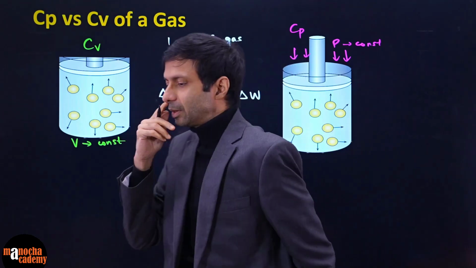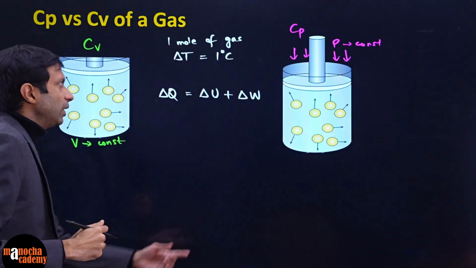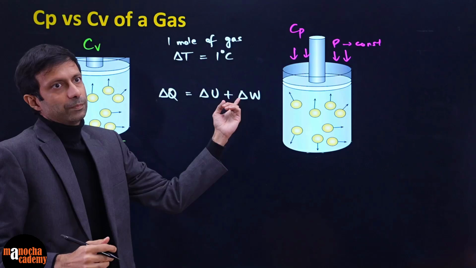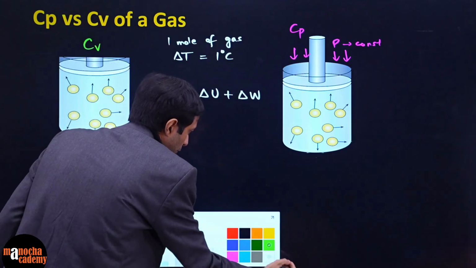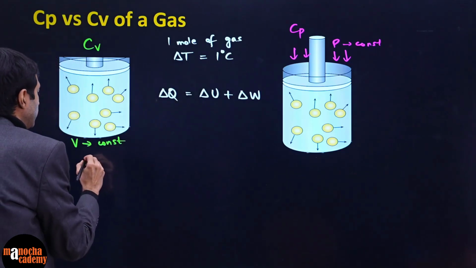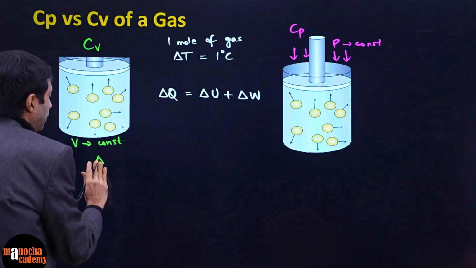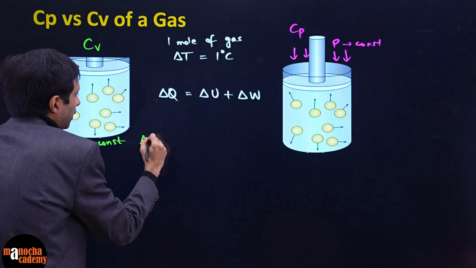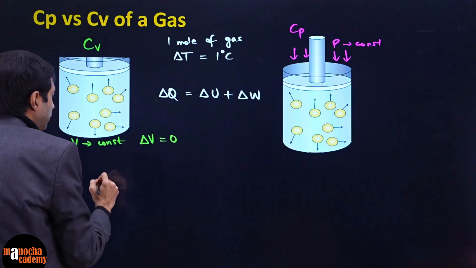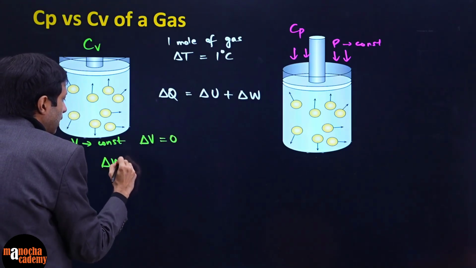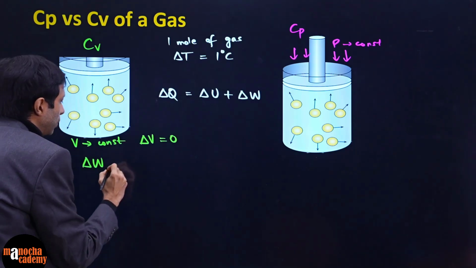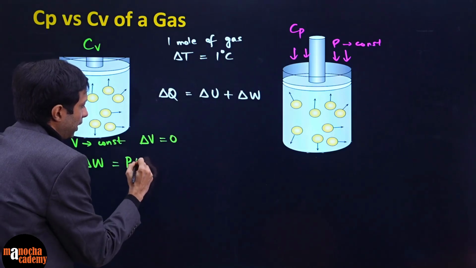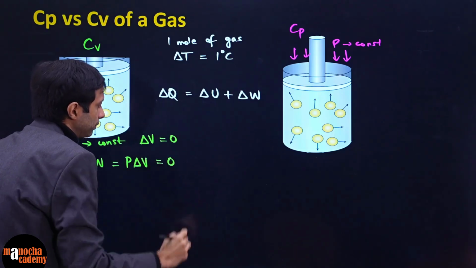When the volume is constant, can you guys tell me what will happen to this delta W term? For constant volume, look here carefully. For constant volume, delta V is 0. If delta V is 0, so work done, which is P delta V, is basically 0.